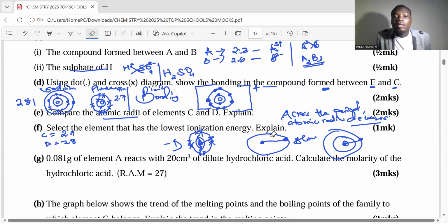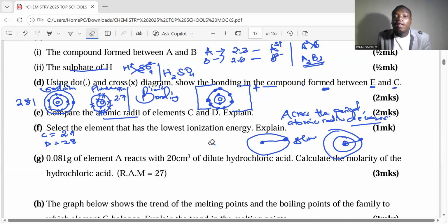And what is the difference between C and D? The difference comes in the electrons. Electrons of C are few compared to the electrons of D. And for us to know which one has the greater atomic radius than the other, we are going to check the number of electrons in the outermost energy level.